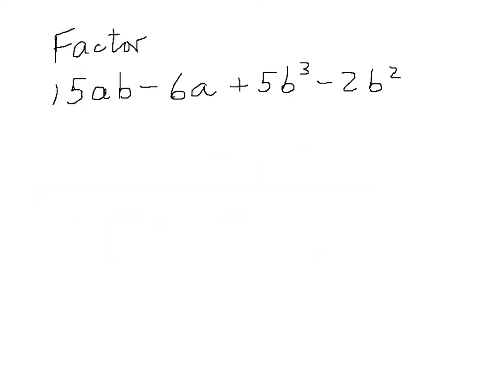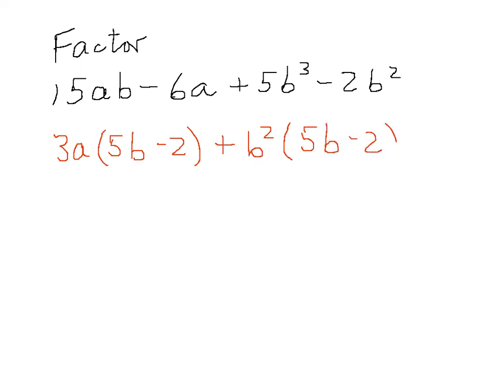Here's one again, and the key is four terms. When you see four terms, that generally tells you that you're going to want to use grouping. If I look at the first two terms, what I can take out is a 3 and an a, and I'm left with 5b minus 2. Now I look at the next two terms, and what I can take out of those is a b squared, and I'm left with, again, 5b minus 2.